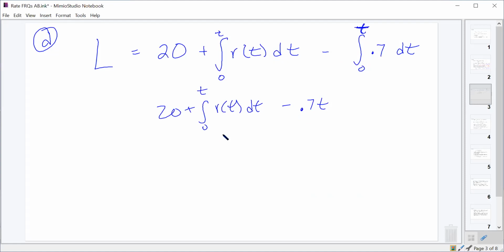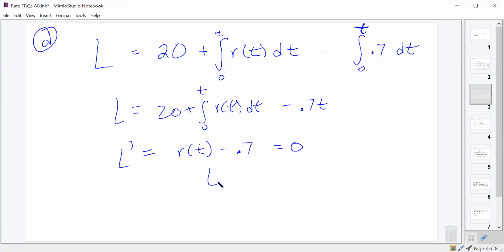However you want to write it. This represents the number of people in the line, right? And so if this is at a minimum, we need to find its derivative and set it equal to 0. Well, the derivative of 20 is 0. The derivative of the integral from 0 to t of a function is just that function, so r of t, and then minus 0.7, and we just set that equal to 0.